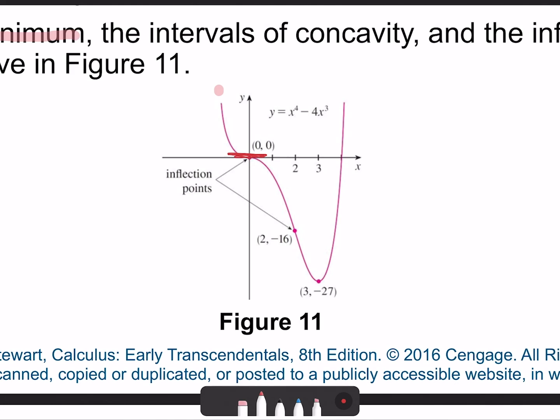So the second derivative did not give us any information about the curve being concave up at that point, nor being concave down at that point. So we had to go in and do some additional investigation to figure out exactly what was happening. And the additional investigation, again, was done using the first derivative.